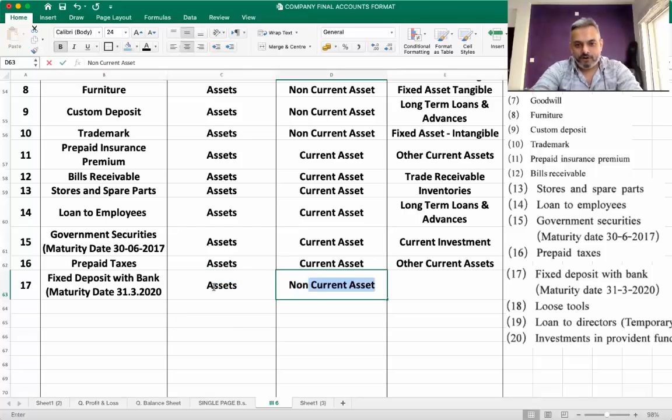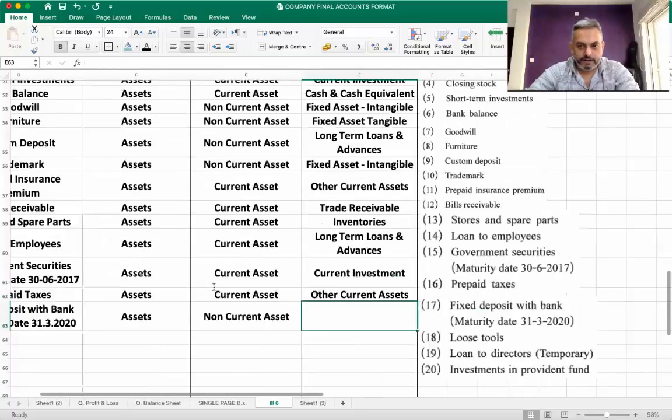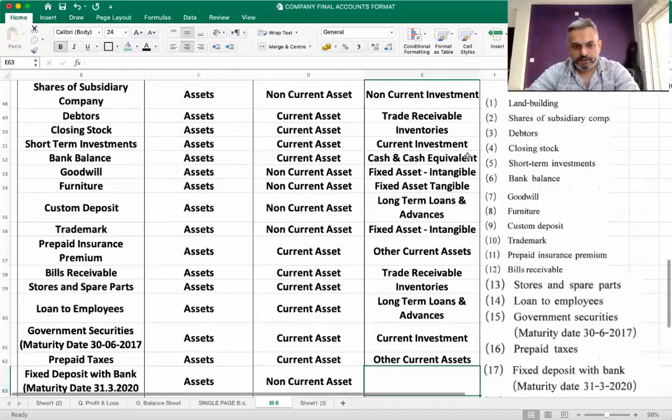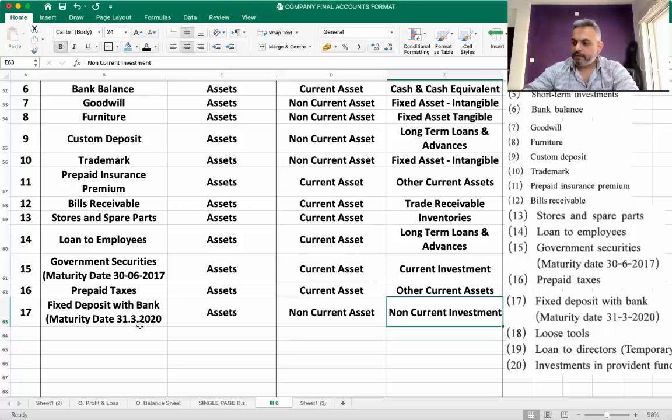Now it's your non-current asset because our balance sheet date is 31/3 and fixed deposit is maturing on 31/3/2020, so more than 12 months. So it will be your non-current investment.